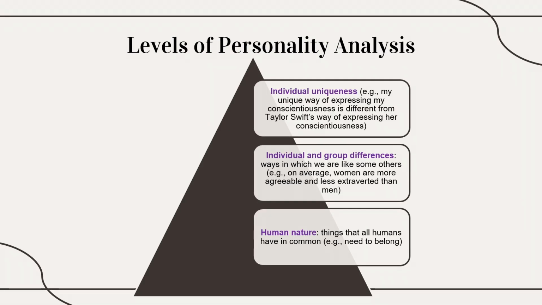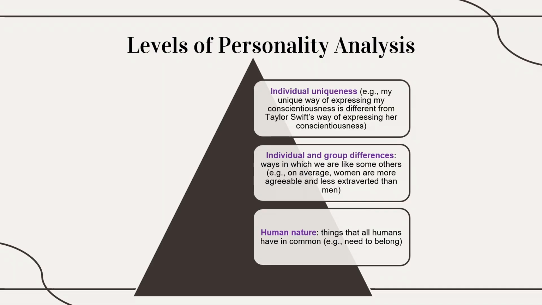One major idea in personality psychology is that we can analyze personality at different levels. The first level is individual uniqueness. This refers to the idea that every person expresses traits in their own way. Two people may both be conscientious, but that trait might look very different in practice. The second level is individual and group differences. This examines ways people are similar to some others and different from the rest.